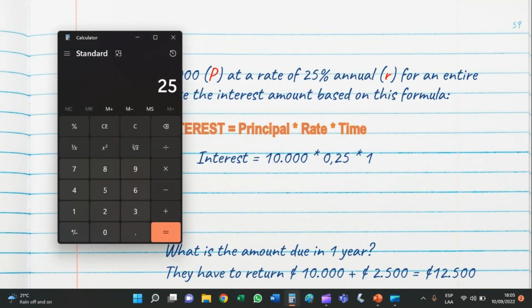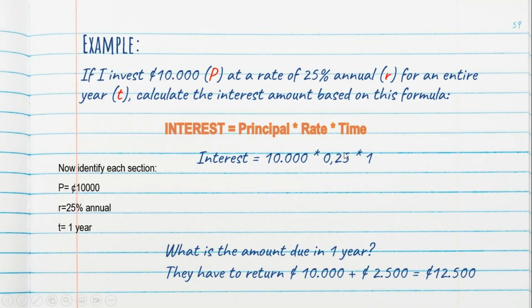It is 25%. So how do I make this 25% an absolute number? You divide it by 100, because we are talking about percentages. Percentages have a base of 100. I repeat, you take 25 and you divide it by 100, and that will give you 0.25. That's the number you're going to use here.